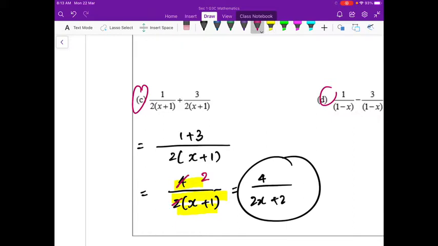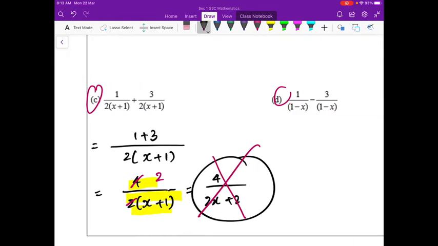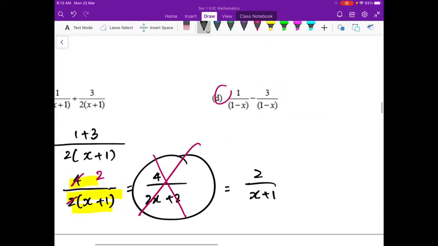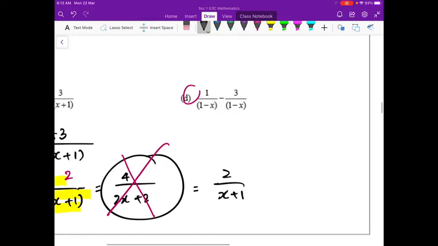Okay, so clearly this cannot be the answer. Now our simplified form is 2 over x plus 1. Okay, now this is just the final answer, 2 over x plus 1. If it can be factorized, you can go ahead and do so, but make sure all common factors are cancelled off. Okay? So let's move on to part D.